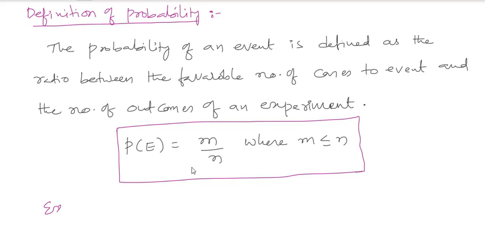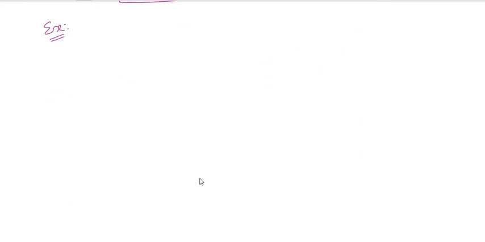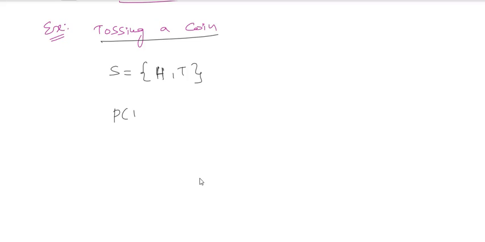Let me take an example: tossing a coin. If I toss a coin, the sample space is getting head and tail. These head and tail I also call sample points. What is the probability of getting head?